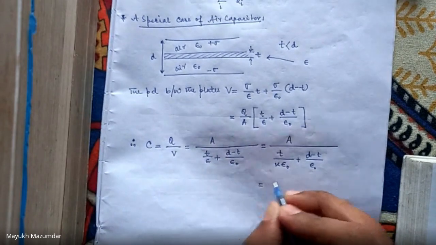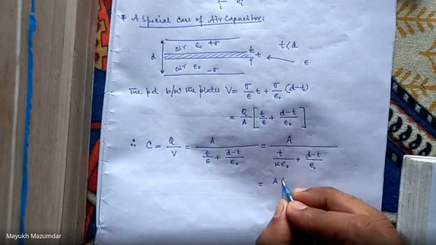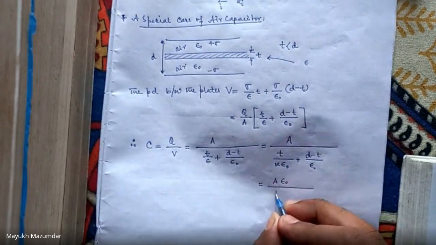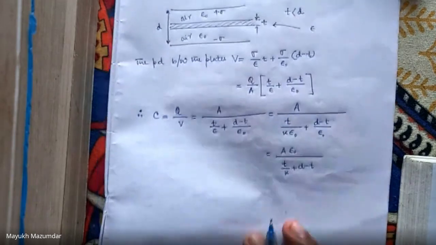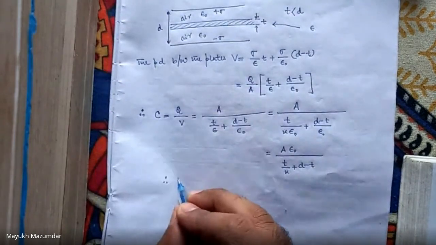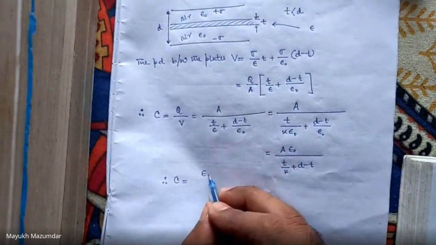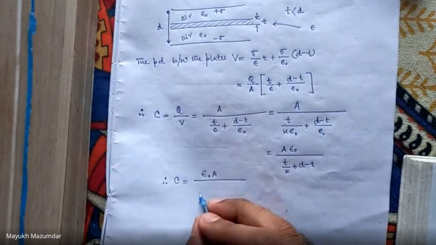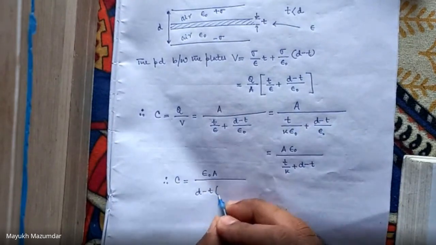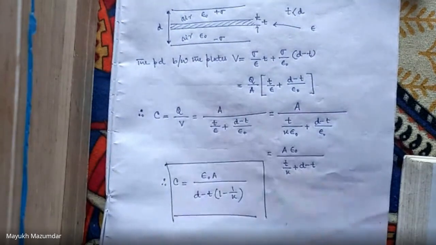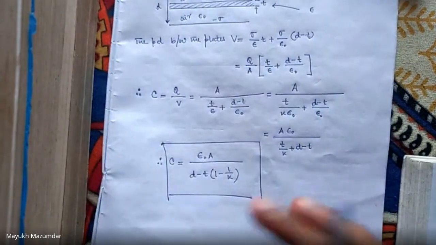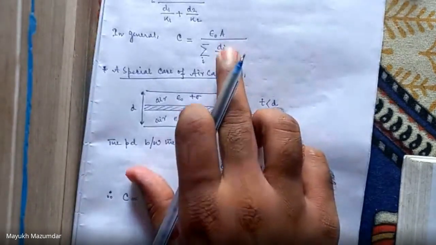Anyways, so I can take this epsilon above. So capacitance ultimately would look like this. But this thing you can get from this formula as well.